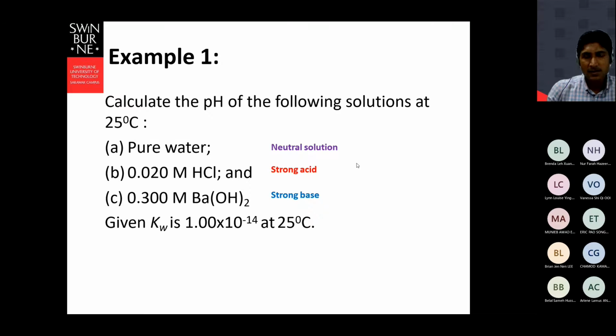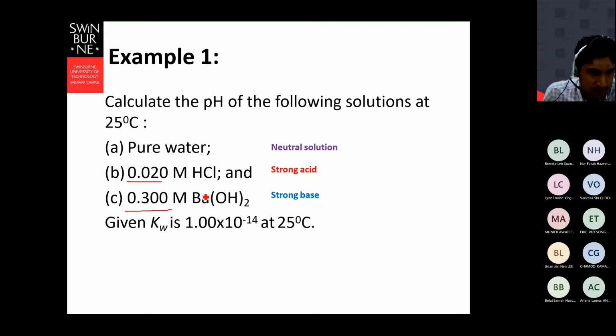Now, example 1. Let's go and see that. Calculate the pH of the following solutions at 25 degrees centigrade. What will be the pH of pure water? What is the pH of pure water at 25 degrees? 0.02 molar HCl, 0.3 molar barium hydroxide.